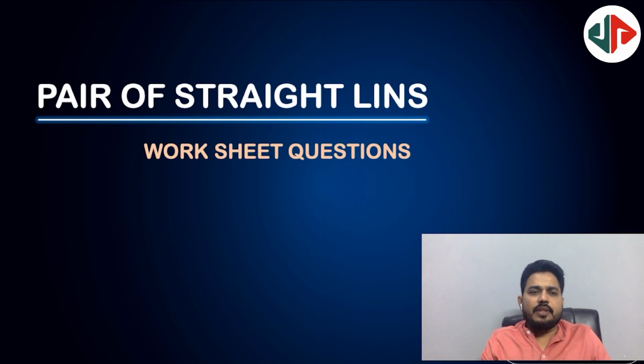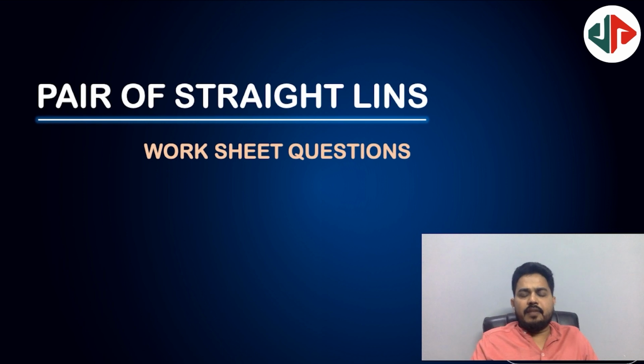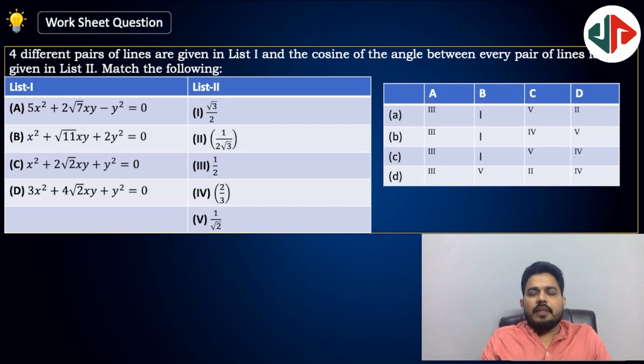In today's session, we'll be discussing pair of lines workout questions. The first question is here. They are talking about pair of lines given in one column and the corresponding angles, cosine values in the second column. So, what is the formula we need to use here?